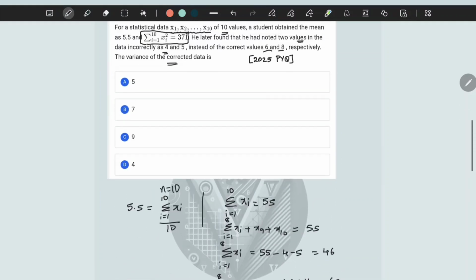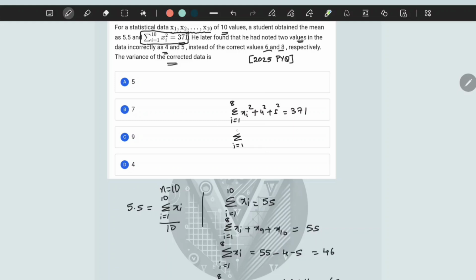So what is that? Sigma xi square, dear students, is not 371. Let me write it here: sigma i equals 1 to 8 xi square. We have to first delete the incorrect values, that is 4 square plus 5 square. So 371 minus 16 and minus 25 should be around 330.